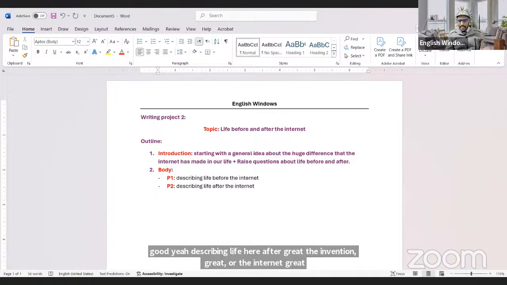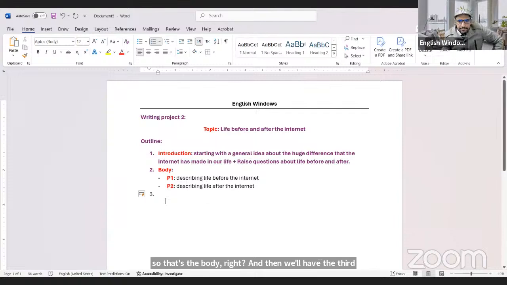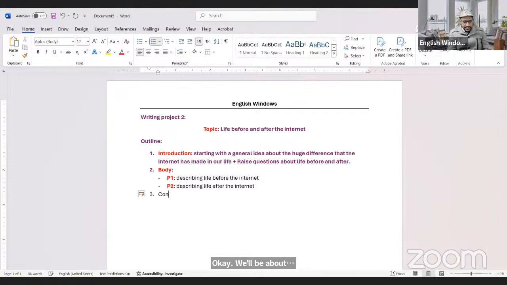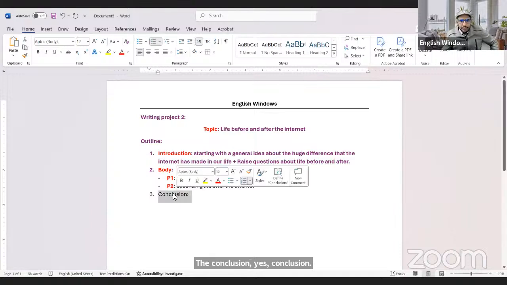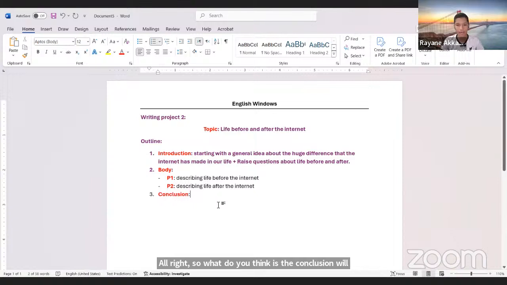And then we'll have the third point, which will be about the conclusion. So, what do you think the conclusion will be? What are we supposed to do in the conclusion? Like a comparison between the life before the internet and the life after inventing the internet.